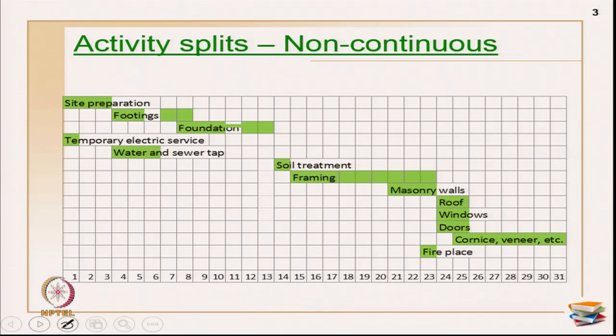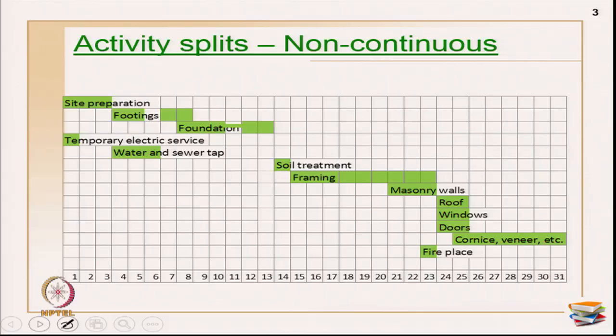Now, activities are generally represented as a continuous bar, that is what we have seen, but bar charts can also show non-continuous activities, which we call activity splits. If you see here, footings start on week 7, then at the 4th to 5th week there is a gap, which implies no work on footings happens, and then the work resumes in the next week onwards. You can show this with a blank space, like this.